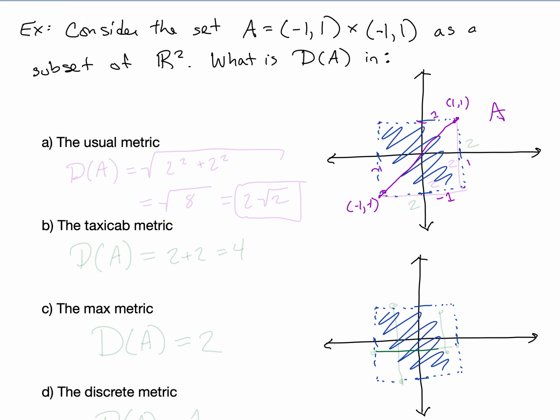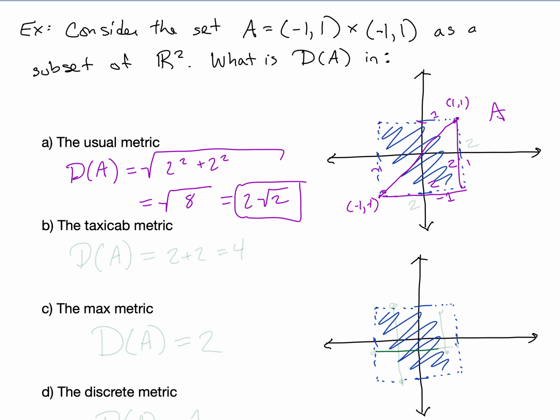So the diameter of A is going to be the square root of, this distance here is 2. The distance in y is also 2. So 2 squared plus 2 squared, that's going to give us the square root of 8, which is also 2 times the square root of 2. So in the usual metric, the diameter of this set is 2 times the square root of 2.